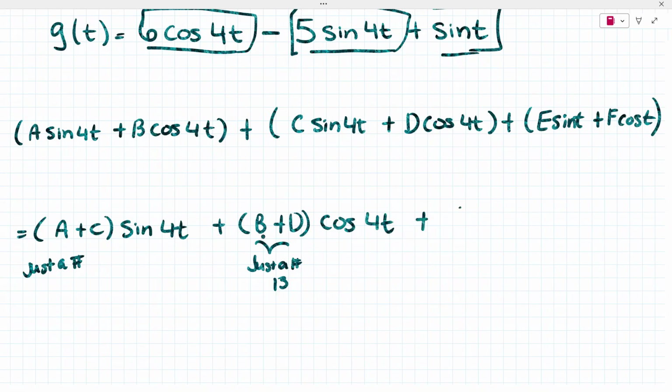Plus e sine t, so that's e sine t plus f cosine t. So this e is like your c, and then this f is like your d.